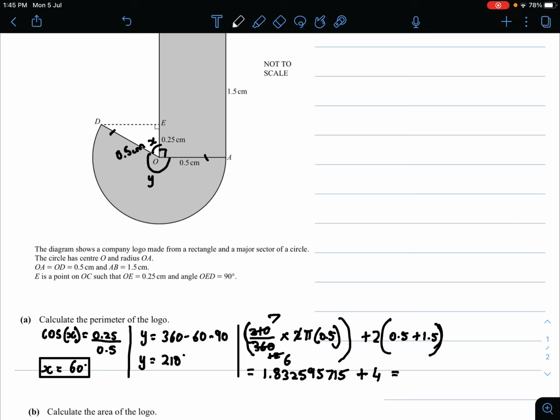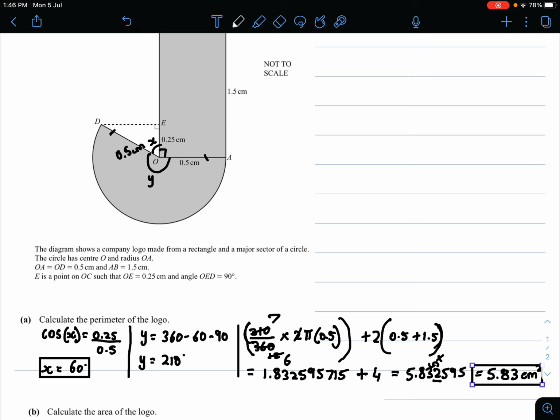So you will get your final answer as 5.832595, and you can therefore round it off to 3 significant figures as 5.83 centimeters, as the 2 is less than 5, so it won't round off the 3. Therefore this is your final answer for part A.